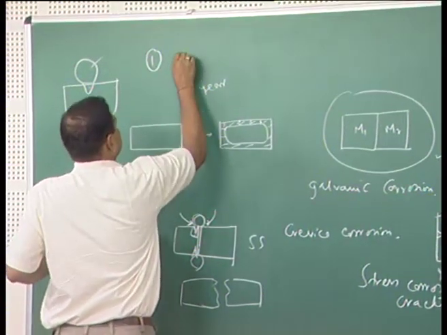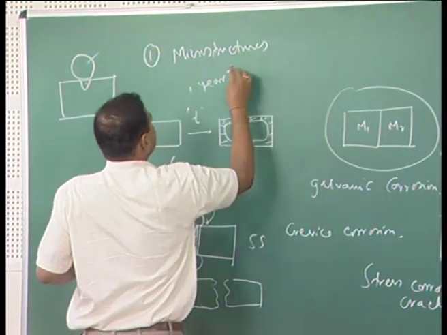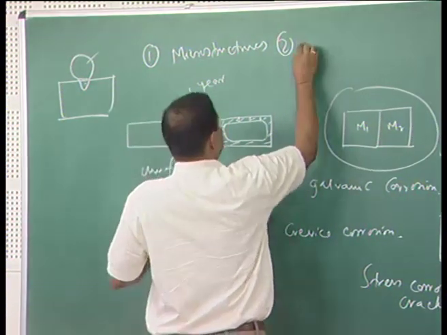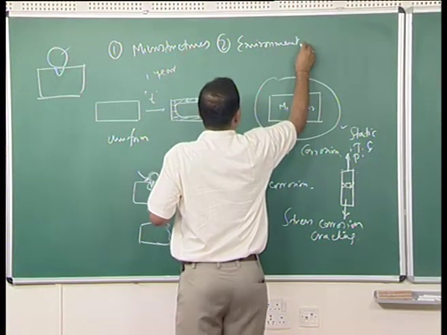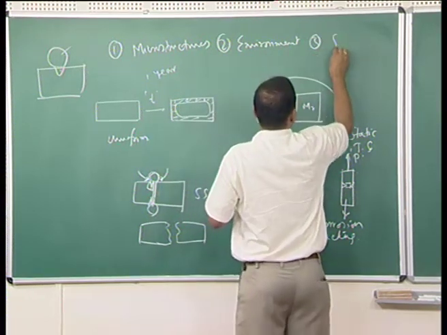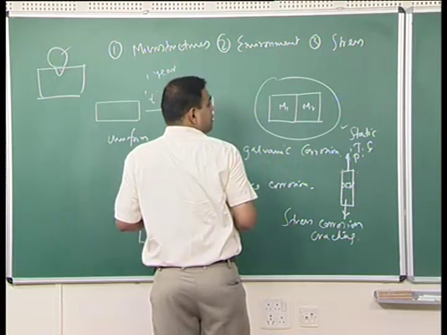So these are the forms which are associated with the microstructures. The important factor is microstructures. Second is environment. Third is stress. These are the major components.